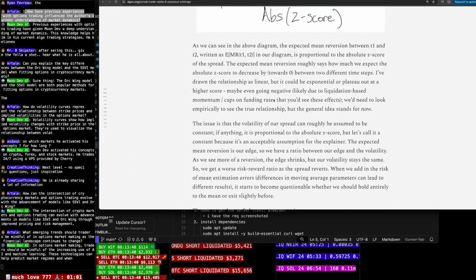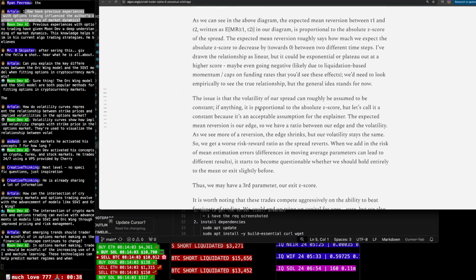I've drawn the relationship as linear, but it could be exponential or plateau out at a higher score, maybe even going negative, likely due to liquidation-based momentum caps on funding rates that you'd see these effects. We'd need to look empirically to see the true relationship, but the general idea stands for now.